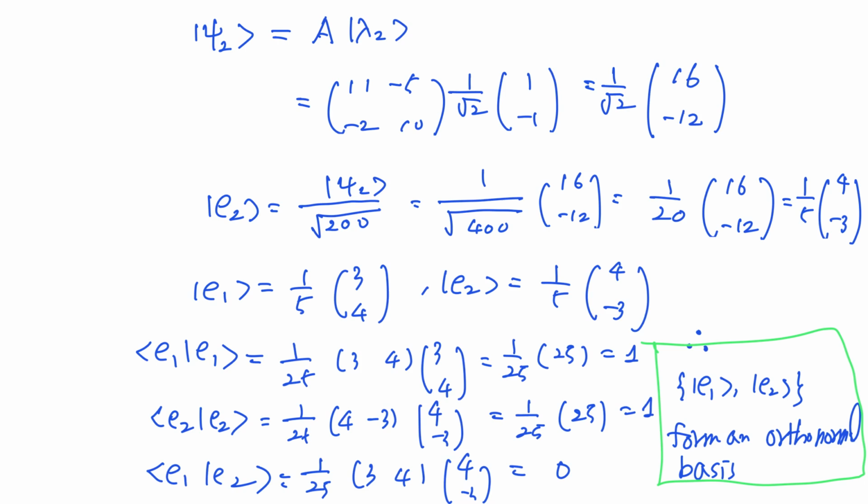By dividing by the square roots of the eigenvalues, we generated new orthonormal vectors e_1 and e_2. From these e_1 and e_2, let's try to form a new matrix: e_1 with lambda 1, e_2 with lambda 2. We define U in the following way.